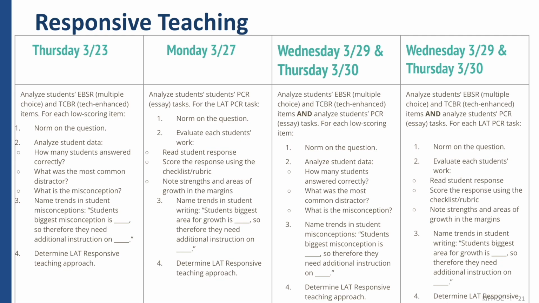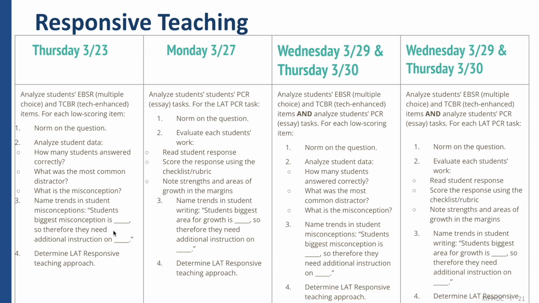Here are tools that you may use to respond to student work. So for multiple choice and tech enhance, you'll collect student data and norm on the questions. Then analyze. How many students answered the question correctly? What was the most common distractor? And therefore, what is the misconception? Then name the trends.